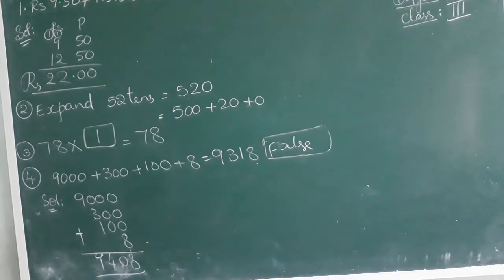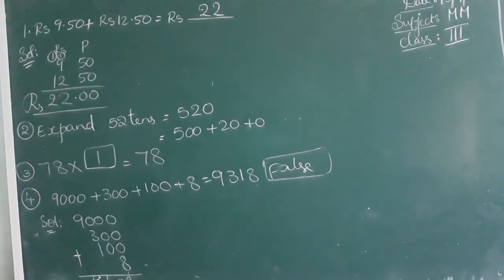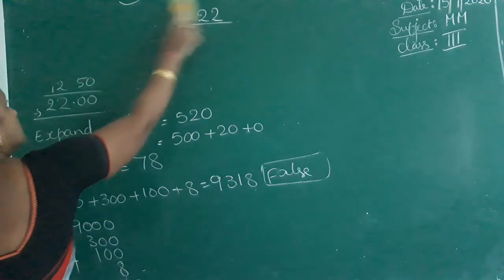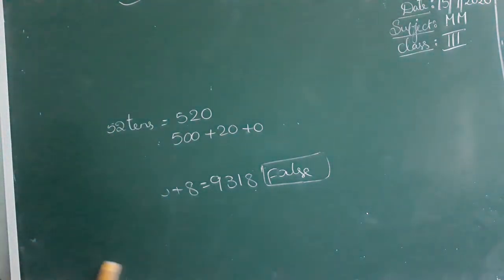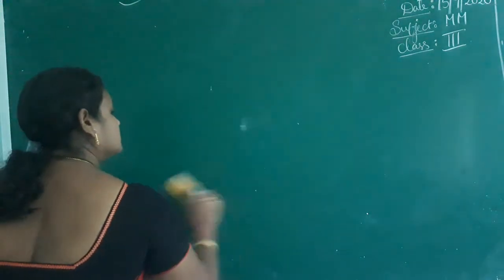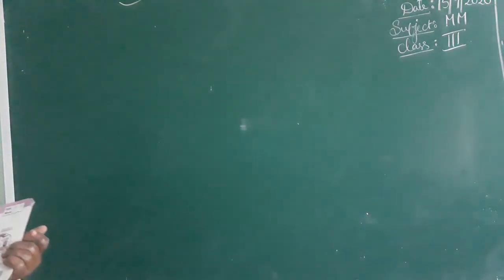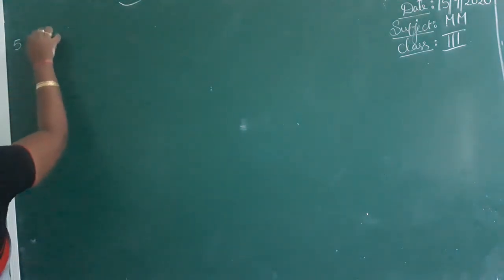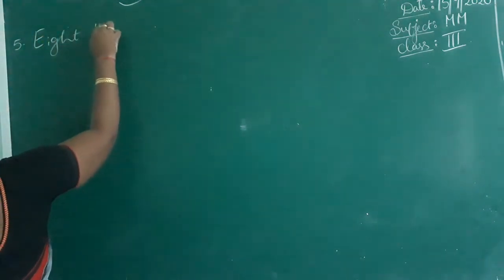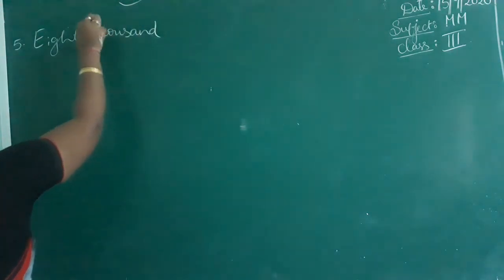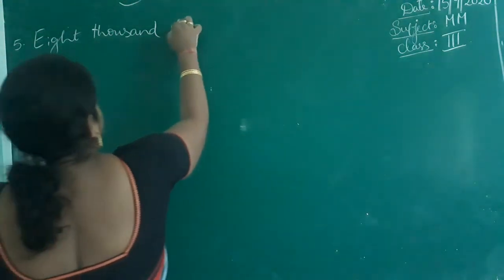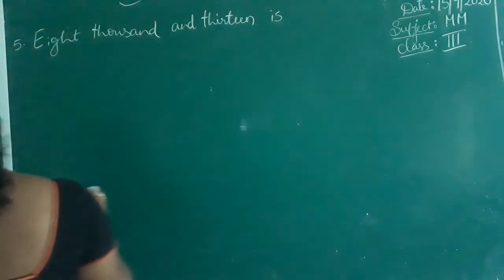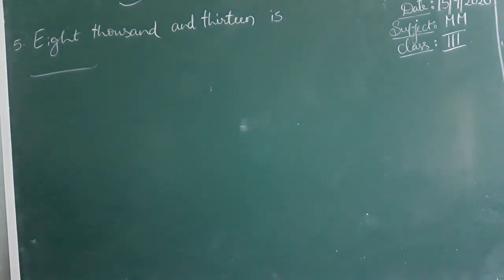Okay. See the next one. Fifth one. 8,030 is 8,000 and 13 is... they are asking us to write that numeral. 8,013.